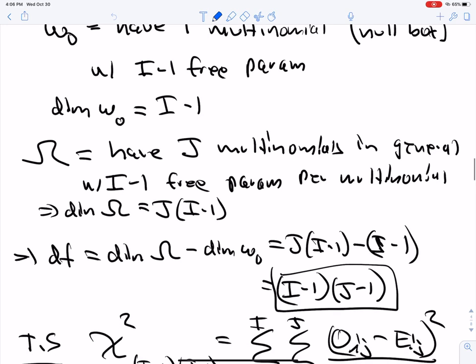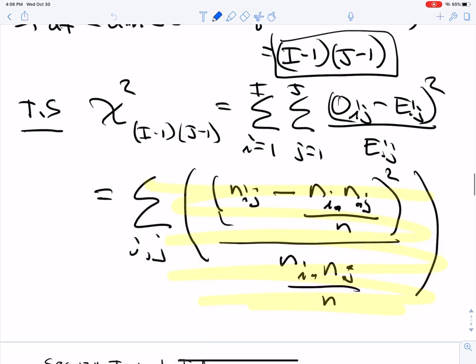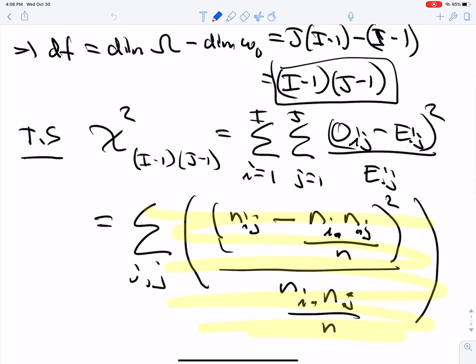And capital Omega, we have j multinomials in general with I minus 1 free parameters per multinomial, hence j times I minus 1. So the degrees of freedom, you can check the algebra, it works out to be I minus 1, j minus 1. We can then compute the chi-squared statistic as usual and get this expression.